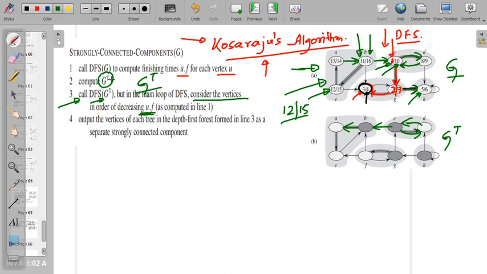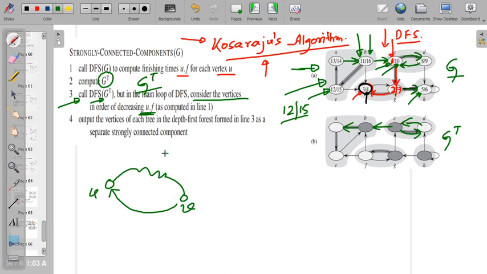First, we are running DFS in this graph G. That means we are checking whether there is a path from U to V. And in G transpose, as I have reversed the edges, I am checking in decreasing order, so U to V. So from here I am reaching, and then from here I have to start. So in decreasing order, I have to run the DFS.